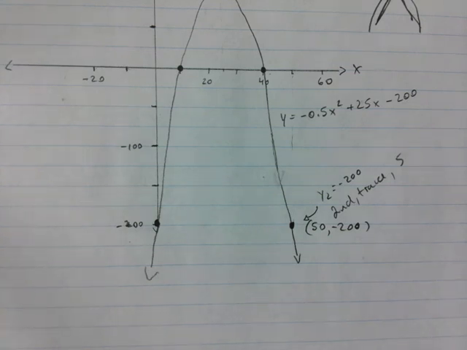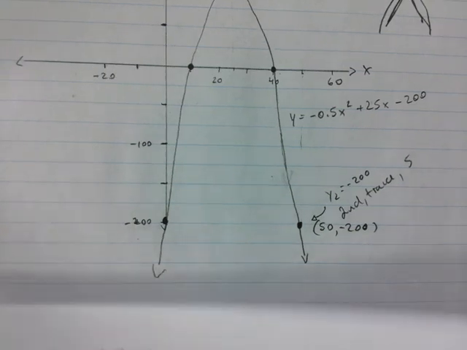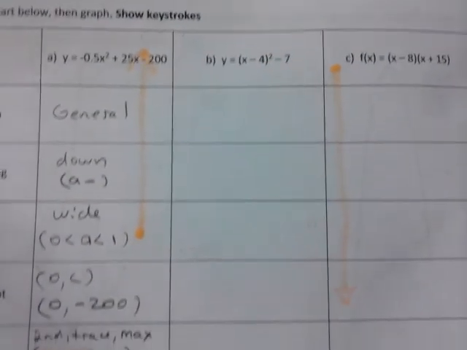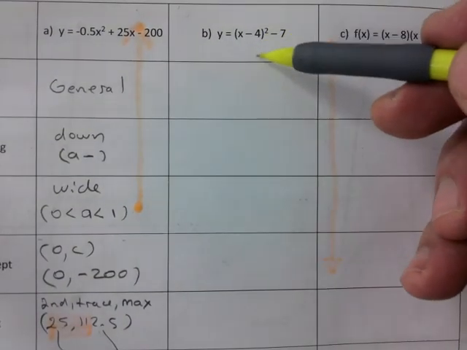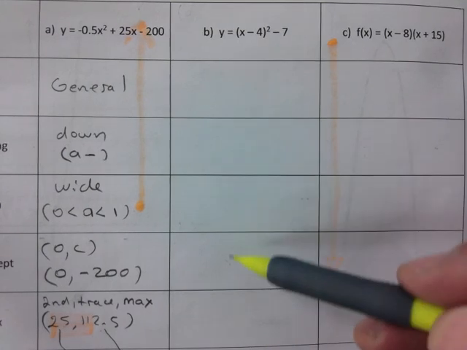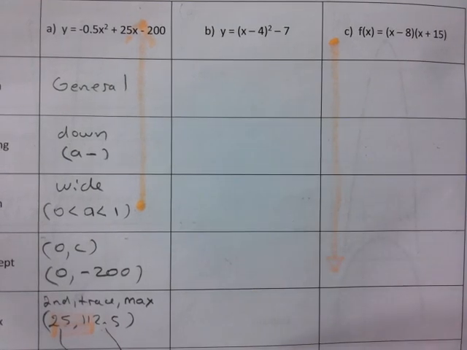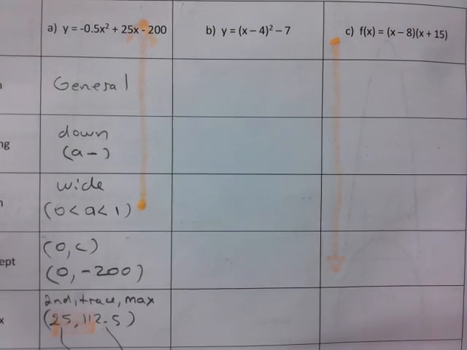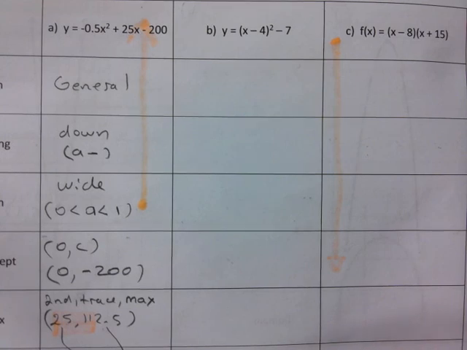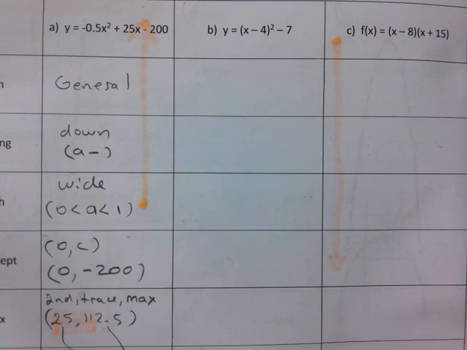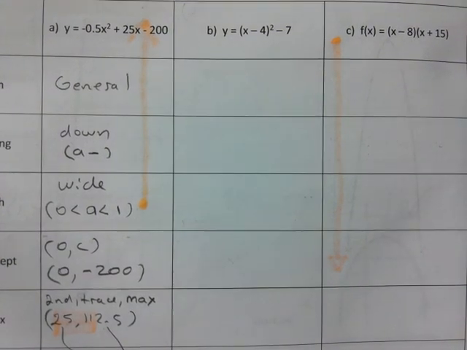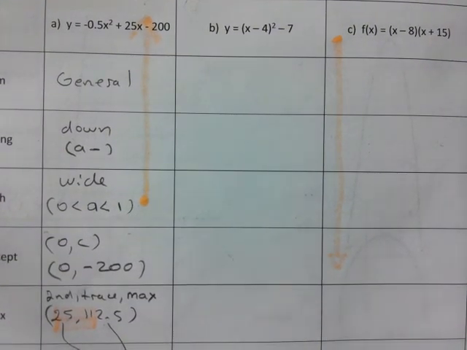So you go back to your booklet and do what we just did with B. Note that it's not in general form, so the y-intercept cannot just be deduced from the equation. You have to use your calculator for it. And then I want you to do the same thing, graph it, and the same thing with C. And so that's what we're doing today.